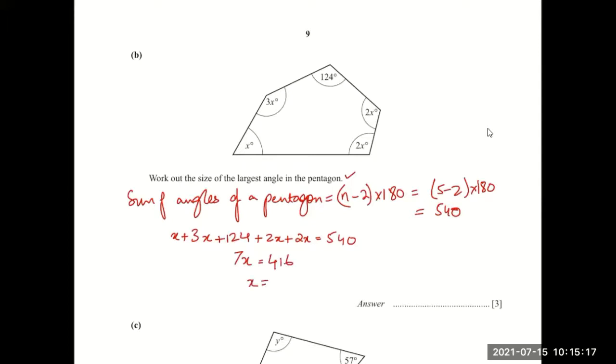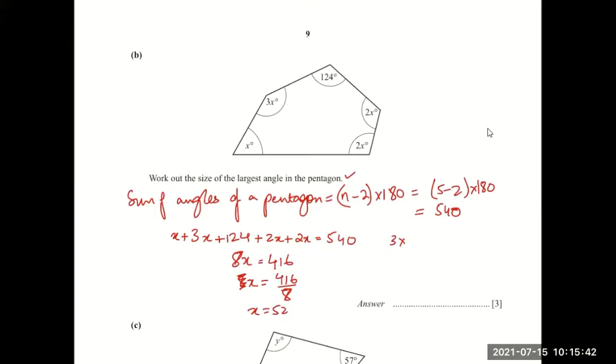Okay, that's 416 over 8. That's 8. Using 52, the largest angle should be, let's check, 3 times 52.